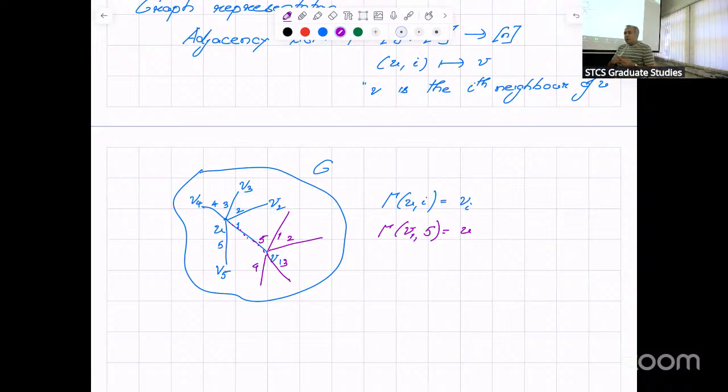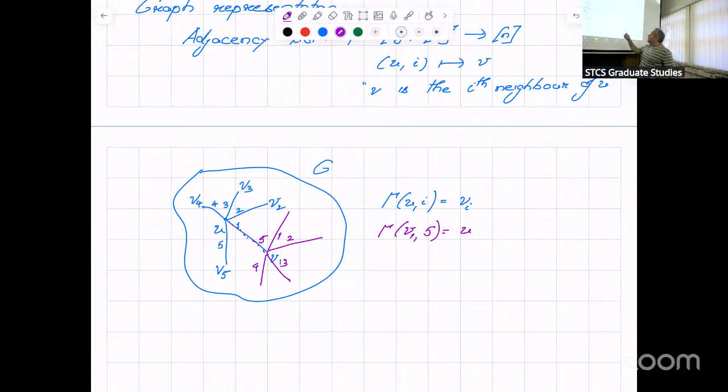This labeling is trivial to get: given a graph, I can just go and label everything this way. To get a consistent labeling is not easy, and it's not clear how to do it. The way to do it is to peel off matching after matching: you take a matching in the graph and label all the edges in the matching with a particular number, then take another matching, and keep peeling it off. That's one way of doing consistent labeling, but we are not going to assume consistent labeling.